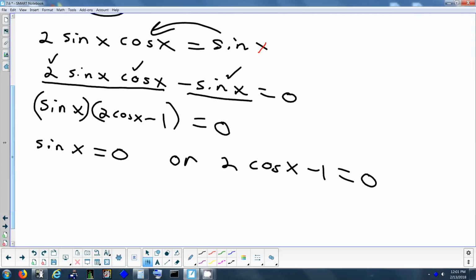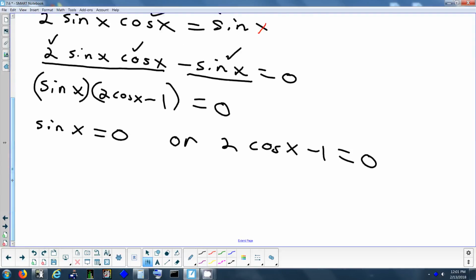The first one is good because there are no numbers we even have to move. What can we do on both sides right away? Take the inverse sine of 0.